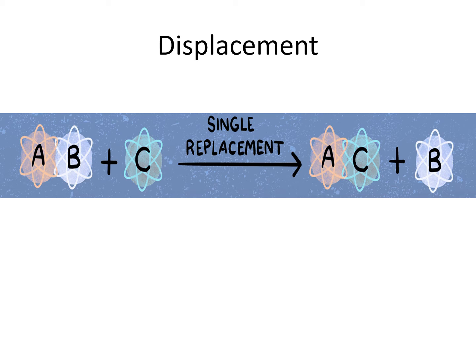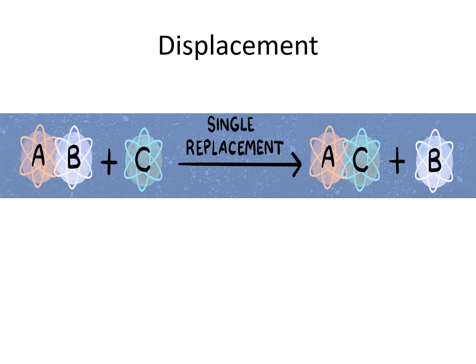C, which is a more reactive atom, is taking the place of B, which is a less reactive atom. So when AB reacts with C, C is changing its place, flipping its place with B, and B is released out. That is why this is called displacement or single replacement.